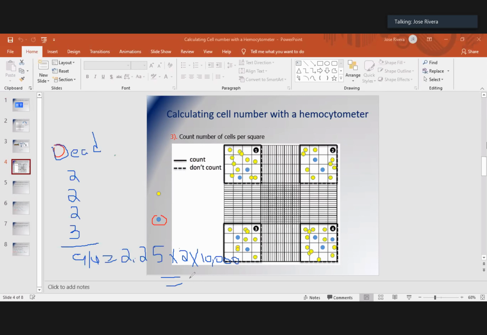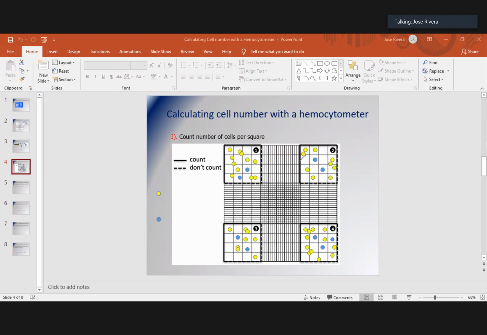We have, so 2.25 times 2 is 4.5, right? So we have 4.5 times 10 to the 4 dead cells per ml. Okay, so now, so these are dead cells.